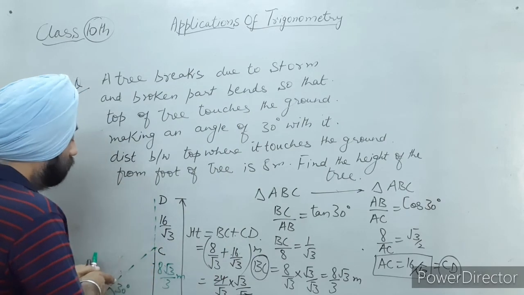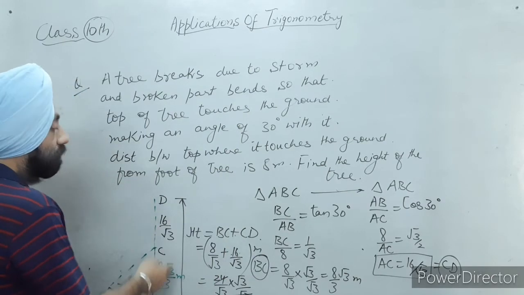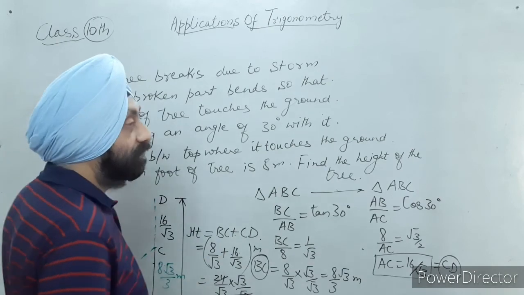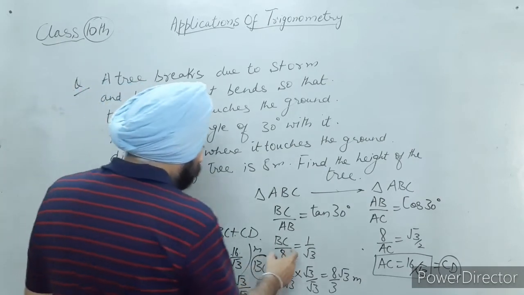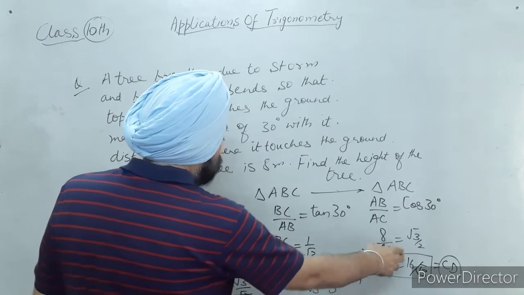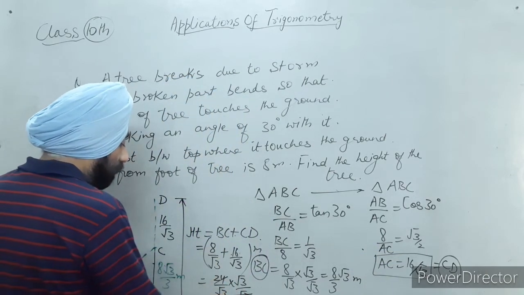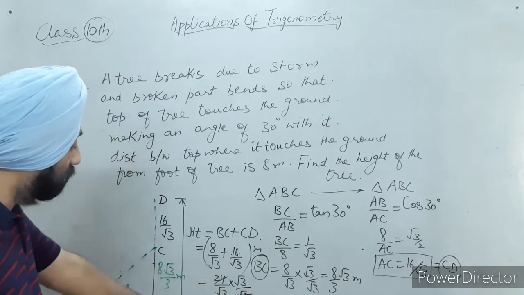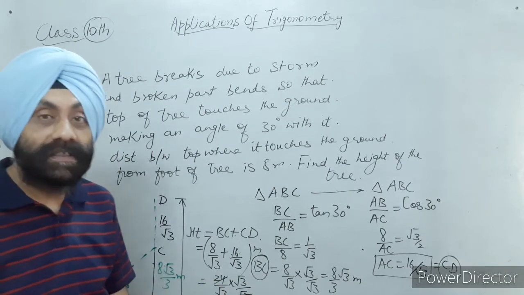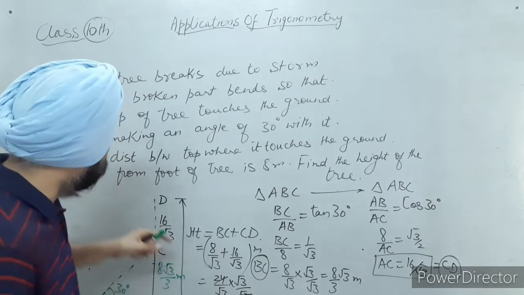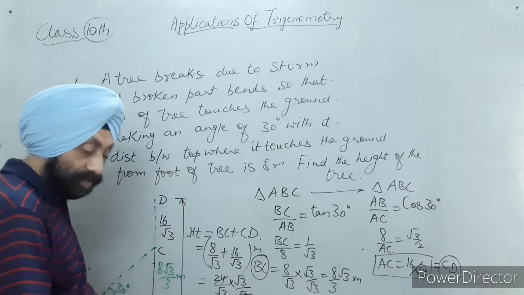Broken part is what? CD. Just add these two to get the total height of the tree before the storm. That is 8 by under root 3 plus 16 by under root 3. 16 plus 8 is 24. 24 by under root 3. I rationalize it. I get 8 under root 3 meters. This was the height of the tree before the storm.